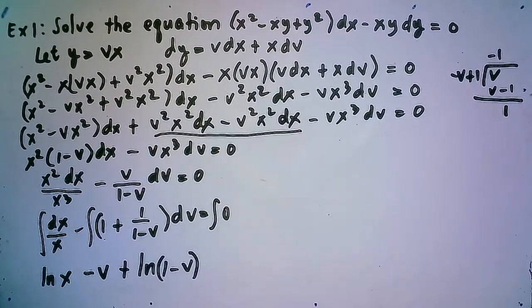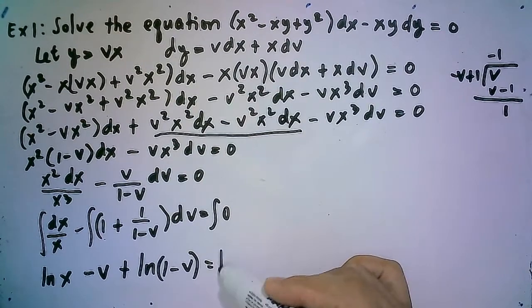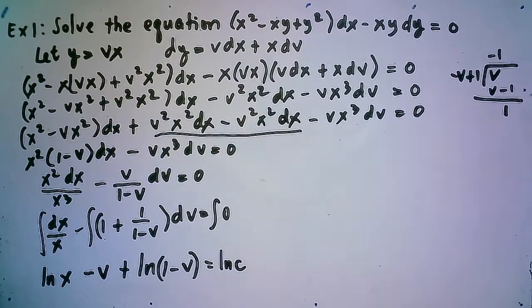And of course, instead of writing c for this case, we will write ln c because it appears here that we have ln. So we will write here ln of c. So we have ln of x minus v and then plus ln of 1 minus v.